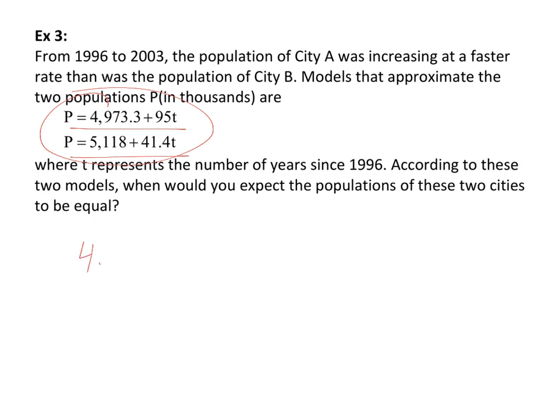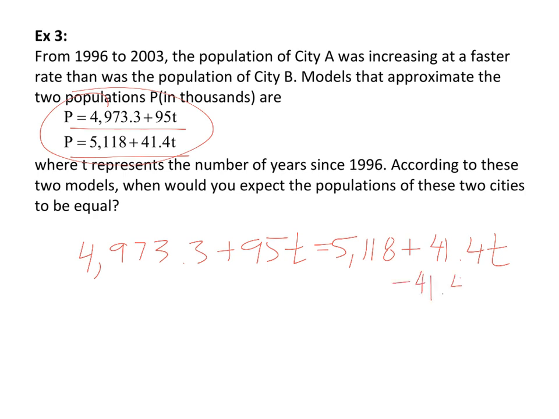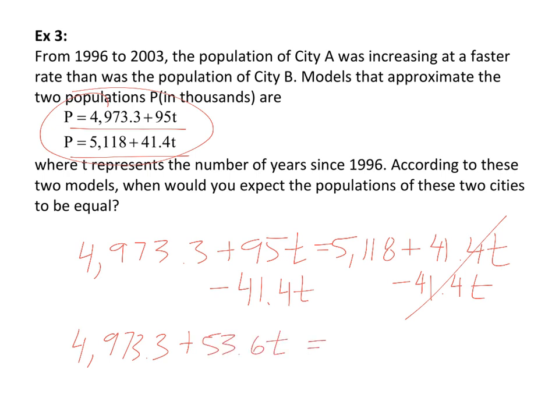So you have 4,973.3 plus 95t is equal to 5,118 plus 41.4t. Let's subtract here. Those cancel out. I get 4,973.3 plus 53.6t is equal to 5,118.